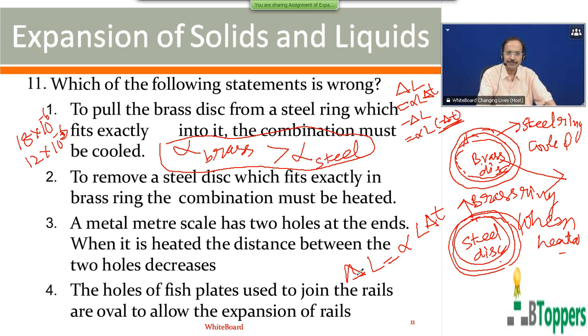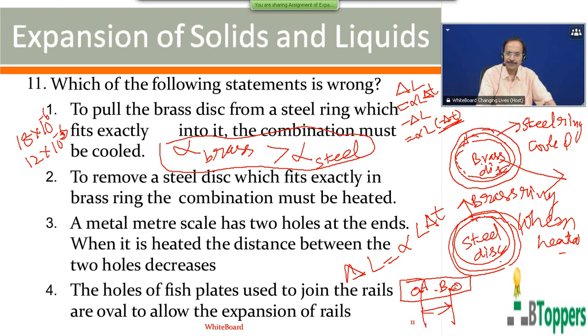See the third statement. A metal meter scale has two holes at the two ends. When heated, the distance between the two holes decreases. That's the wrong statement. Because when an isotropic solid is heated, the distance between any two particles will increase. This is one hole on the left side, another hole on the right side. A and B are the two nearest points of the holes.